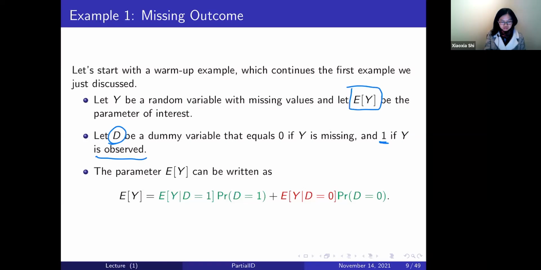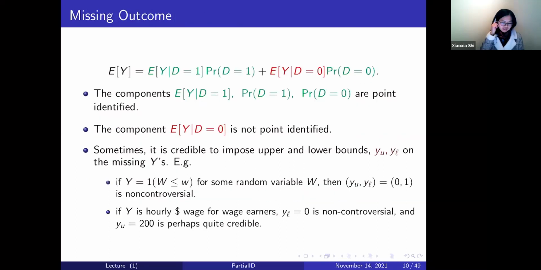Using the law of iterated expectations, you can write the parameter of interest as the weighted average of the conditional mean of Y given the two D values. This is the parameter of interest. It is composed of these 4 components. The 4 components on the right-hand side are not all point identified.